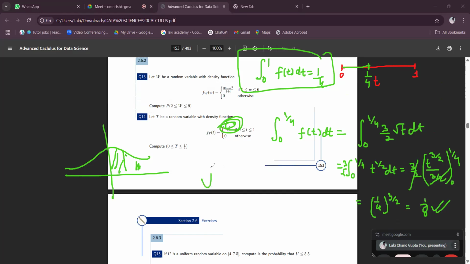Here the function is root t, and the graph of root t looks like this. The area from 0 to 1 is 1, but the area from 0 to 1 over 4 is 1 over 8, because this is a smaller part.